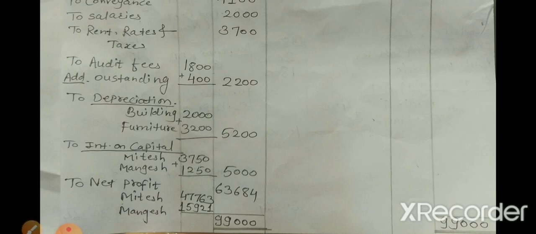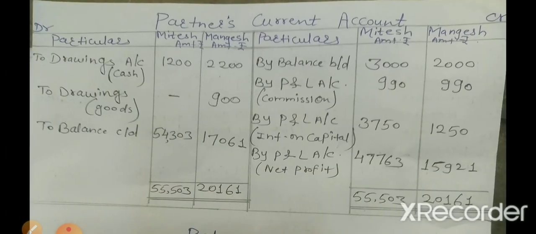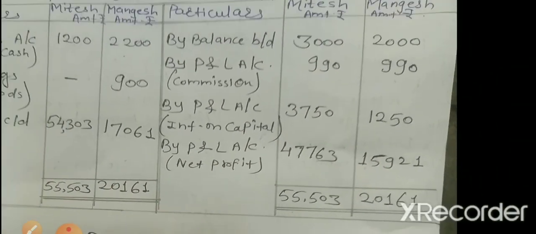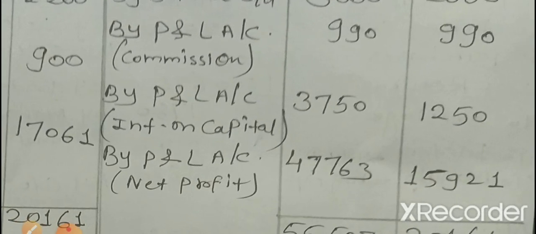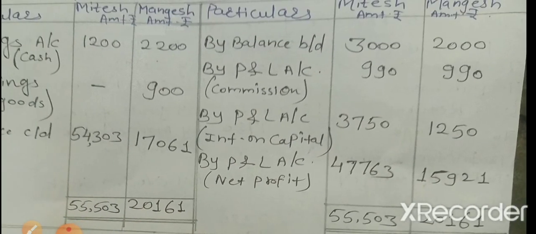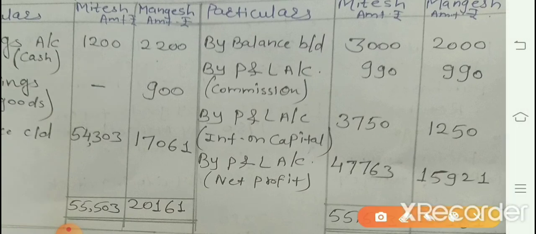See, we have written it here on credit side, by profit and loss account, Mitesh 47,763, Mangesh 15,921. This is the distribution of profit we have written on credit side.